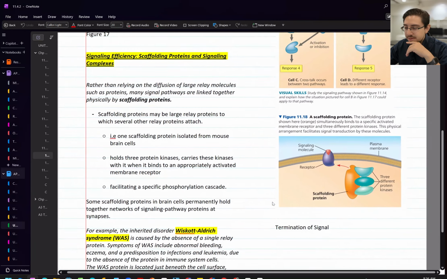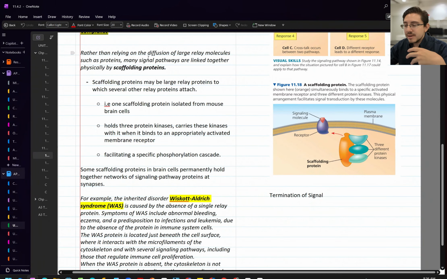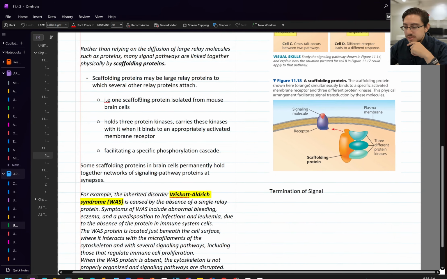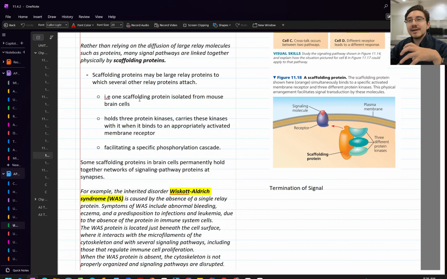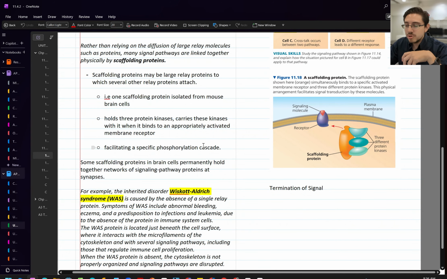So signaling efficiency, right? You have what is called scaffolding. Scaffolding is quite interesting in signaling complexes where you have, rather than relying on the diffusion of large relay molecules, many pathways have what are called scaffolding proteins. And these are large complexes of proteins that are kind of clumped together so you can have a kind of a set response.